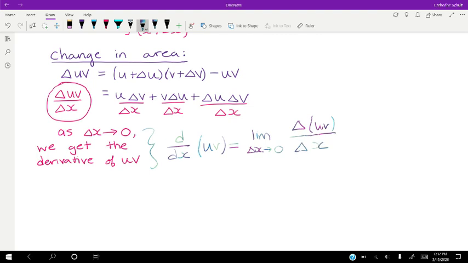All right. So that means we're going to take the limit of all this stuff as delta x approaches 0. So when we take the limit, and it's the sum of a limit, remember we can distribute the limit to each term. So let me just write out that step.